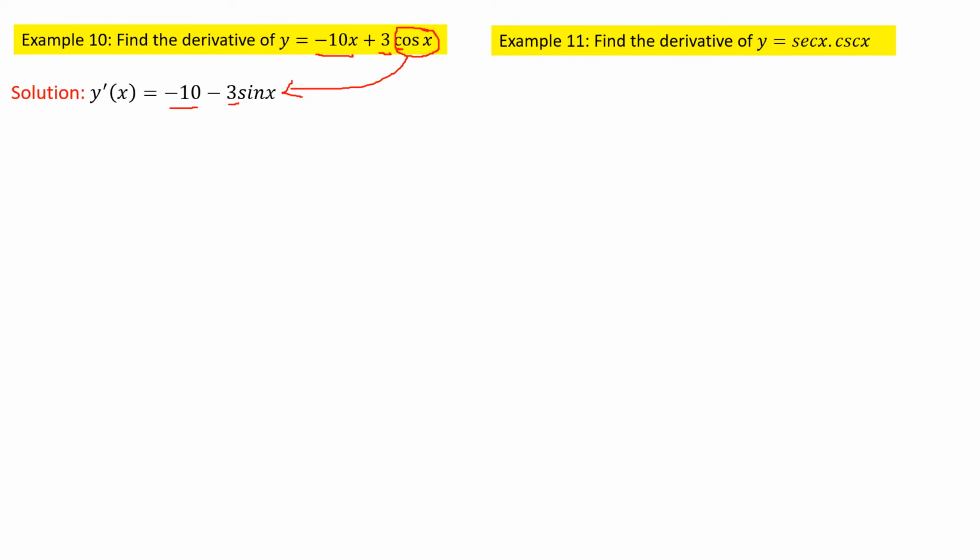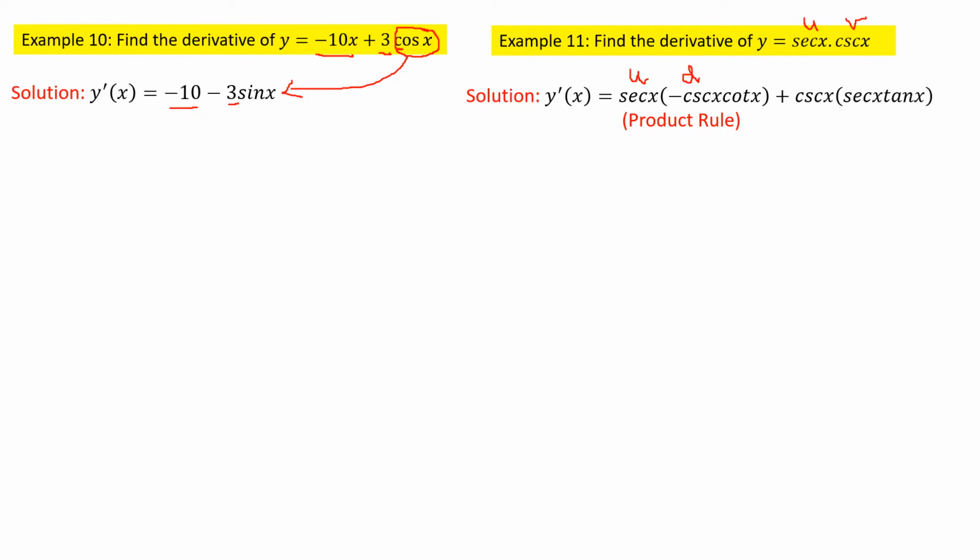Find the derivative of y equal to secant x times cosecant x. So here we need to apply the product rule because I have two functions. Secant x is my first function, cosecant x is my second function. By applying the product rule, we know that the product rule tells you u dv plus v du.